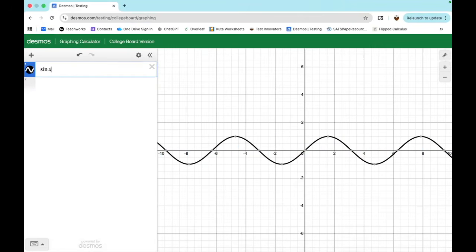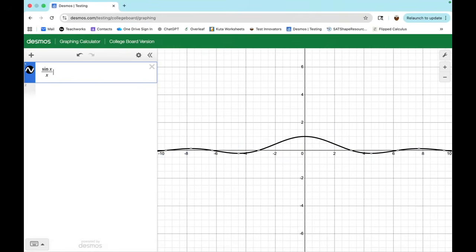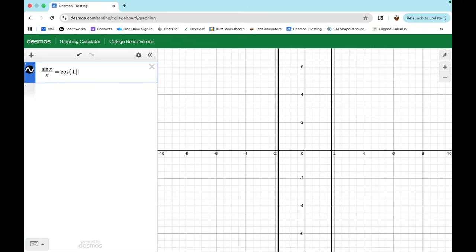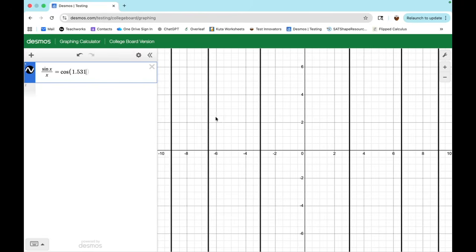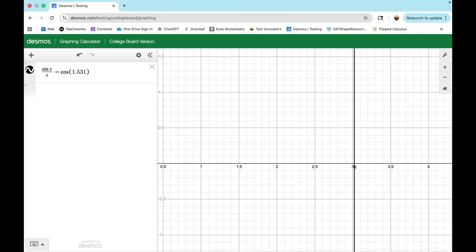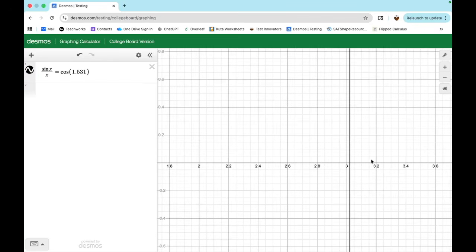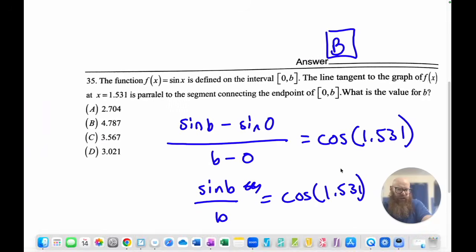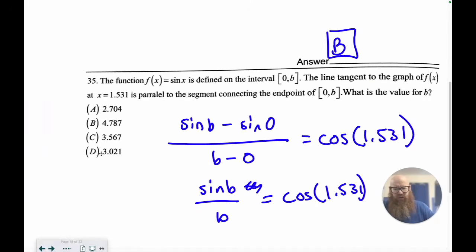So I'm going to do sine x over x is equal to the cosine of 1.531. Actually, I just find the first answer. It's a number a little bit bigger than 3, not bigger than 3.5, so just a little bit bigger than 3. And if I look at my answers, that's clearly D.